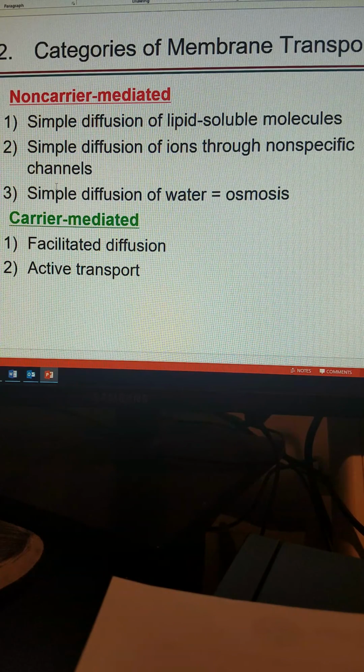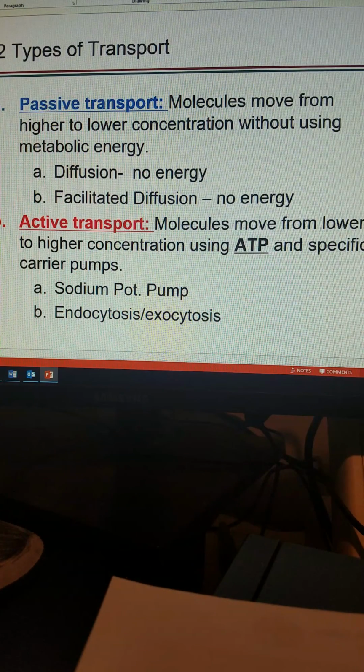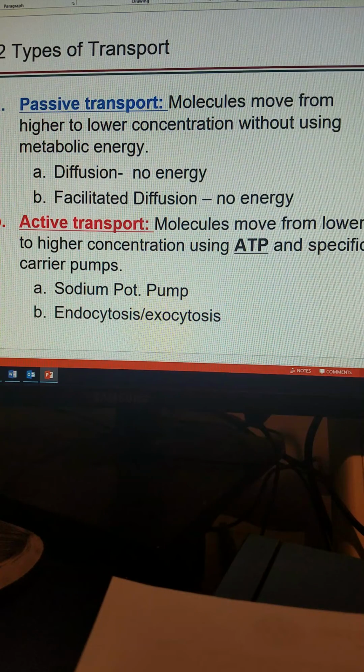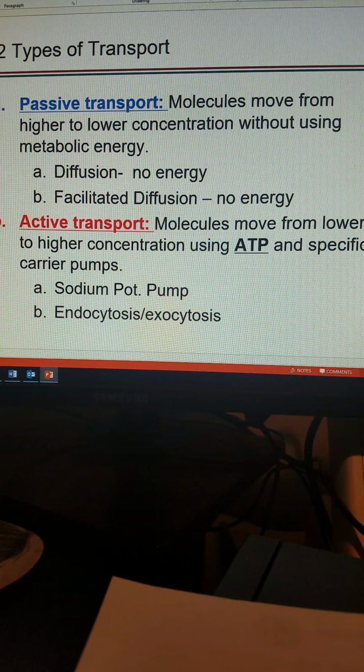And you might note that 1 through 3 up here, these non-carriers, these 3 items are passive transport items, and the ones below here are active. And active just means they need ATP, and the top 3 are passive and they don't. And so here they are one more time. What are our passive versus our active? So our passive has diffusion, which means no energy is required.